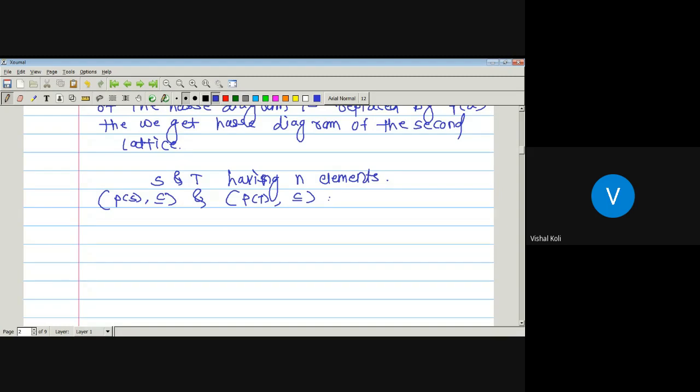Now here S and T are two sets having same number of elements, that is n elements. Then power set of S with inclusion relation and power set of T with inclusion relation are the two lattices. Now tell me whether there exists an isomorphism from power set of S to power set of T. That is this lattice L1 to this lattice L2.